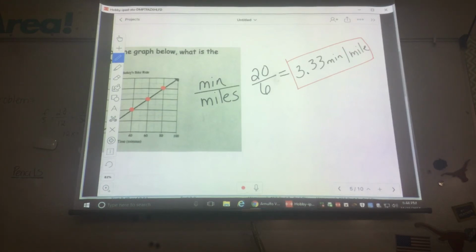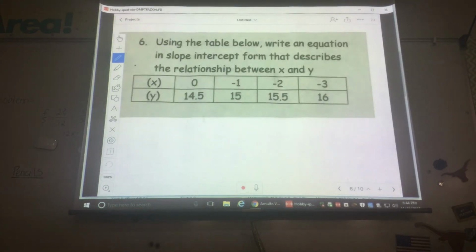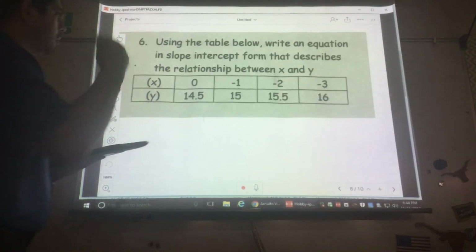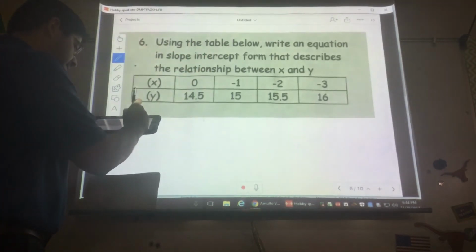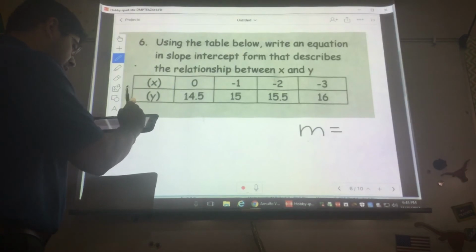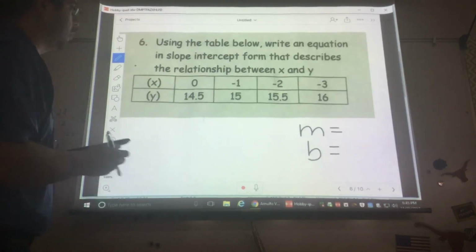All right. Number 6. Kind of running low on battery, so kind of need to go a little bit faster. Using a table below, write an equation in slope-intercept form that describes the relationship between x and y. So I'm going to go find my slope and my y-intercept, and then that way I can make my equation.